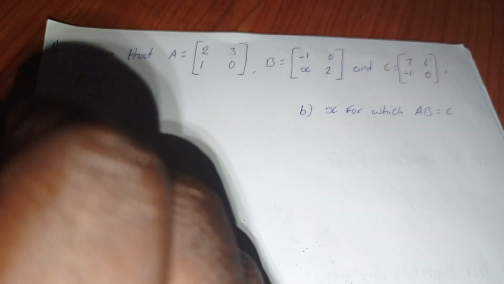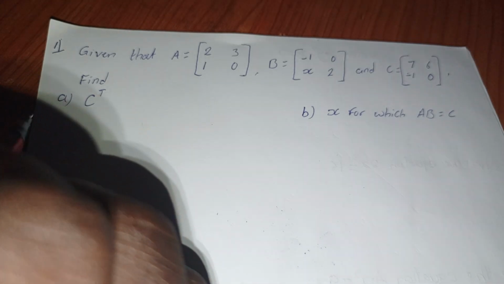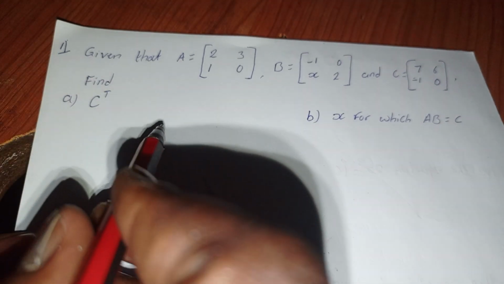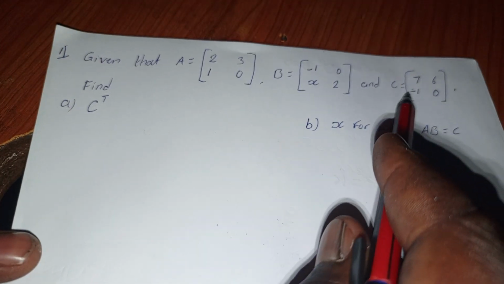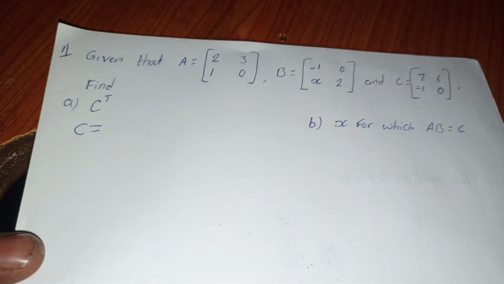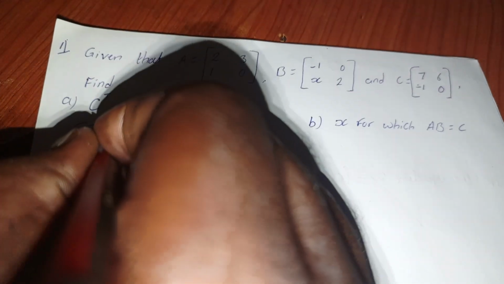So in this case, this is a matrix C. So since C is equal to 7, 6, -1, and 0 here.